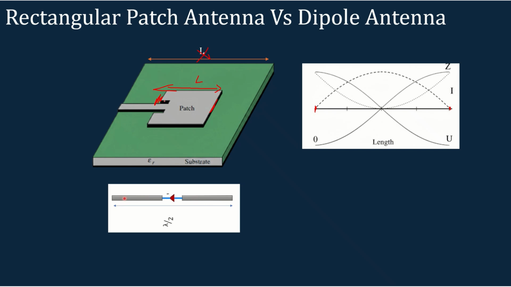And as it is open, the voltage will be maximum at these positions. This is showing the half wavelength distribution. When you consider the impedance, it will be like this. So we can in effect consider the patch antenna similar to a dipole antenna. But the dipole antenna doesn't have a dedicated ground plane, whereas the patch antenna is similar to a dipole antenna with a ground plane.